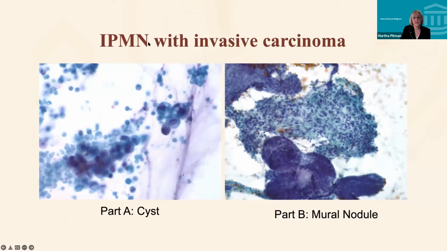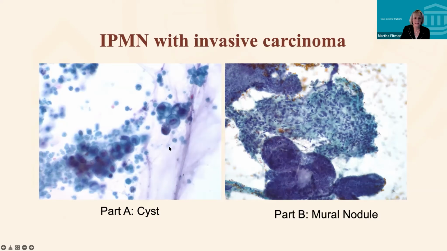There can be circumstances where you have a cyst with a mural nodule or a mass in the wall of the cyst, which is suspicious for a malignant IPMN or an IPMN with invasive carcinoma. Be sure in those cases that your gastroenterologist separately aspirates the nodule or mass in the wall.